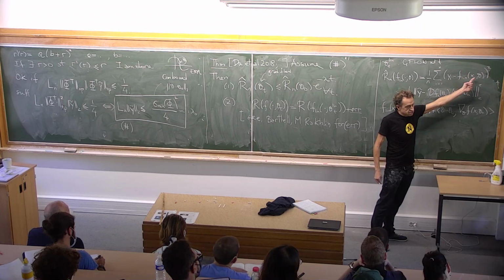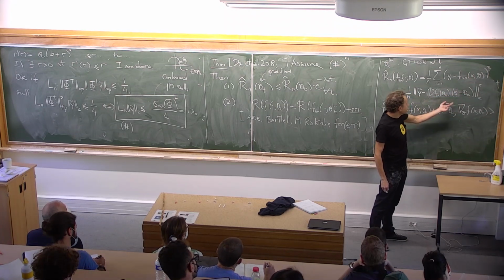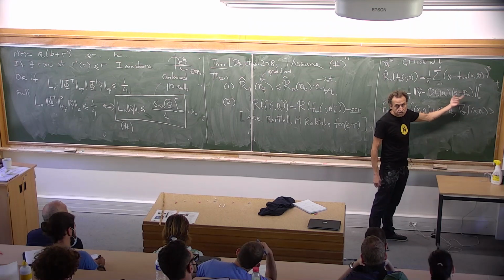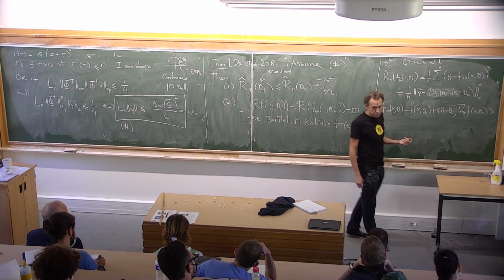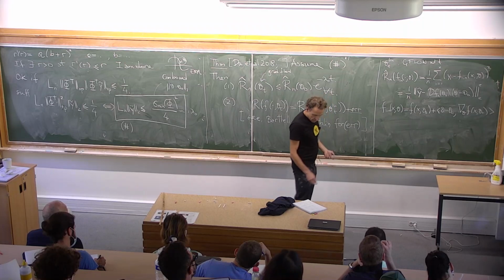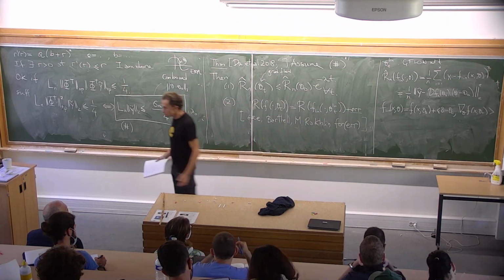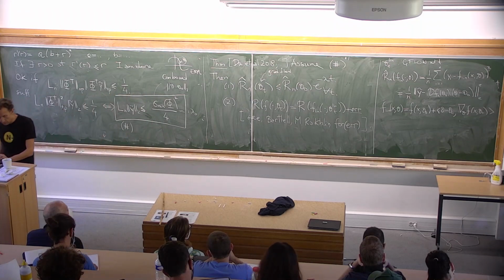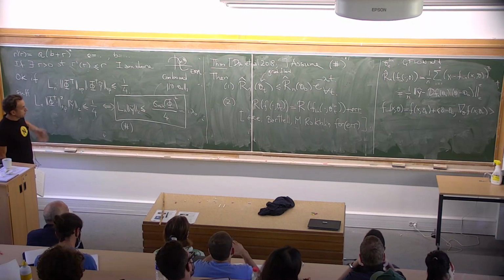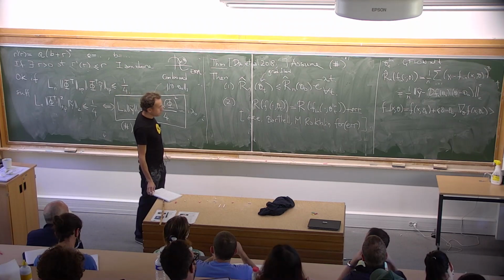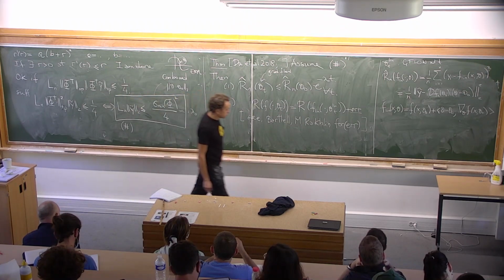I'm approximating the model by a linear model, so obviously the cost function becomes a quadratic function. The empirical risk becomes just a quadratic function in theta. Any question about this? Okay, so this is basically what I want to say about optimization.